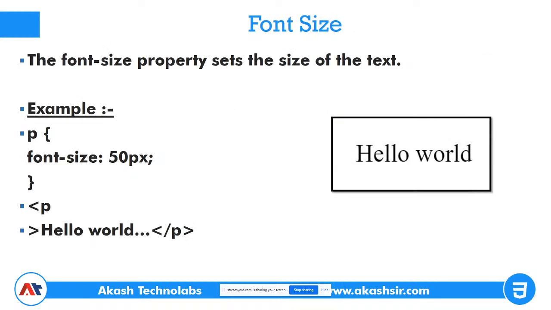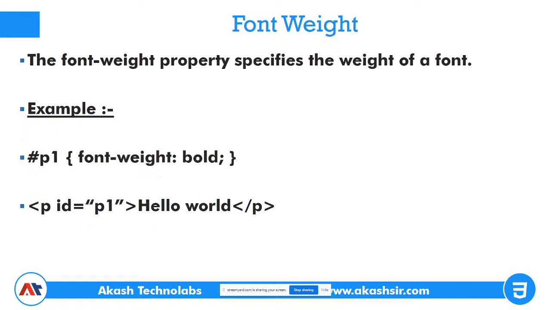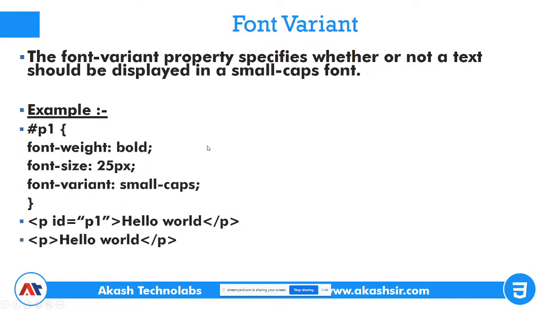The font size you can define with the help of the font-size property, that is 50 pixels or maybe 10 or 20. Font weight, if I want to make it bold, then you have to write the property. I know it's very easy, and that's why I'm navigating my slides faster, right? Font weight is a property in which you can convert your font into a bolder one, right?